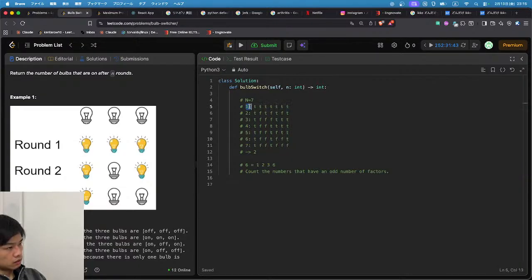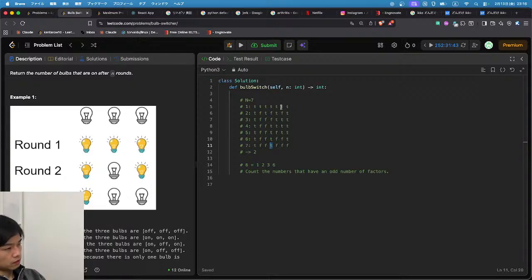So 1 is obviously 1, right? And 2 is not. 3 is 1 and 3, so even number. 4 is 1, 2, 4, so that is true. 4 has 3 factors, right?